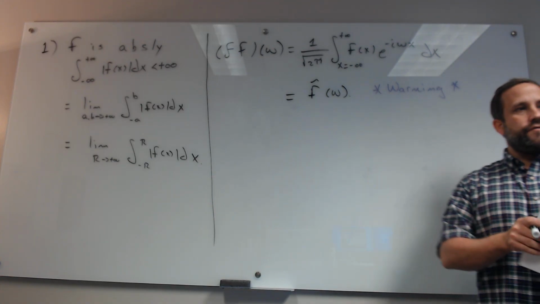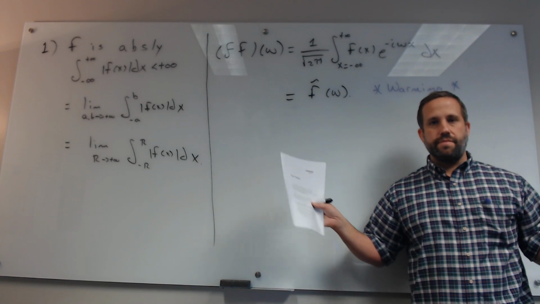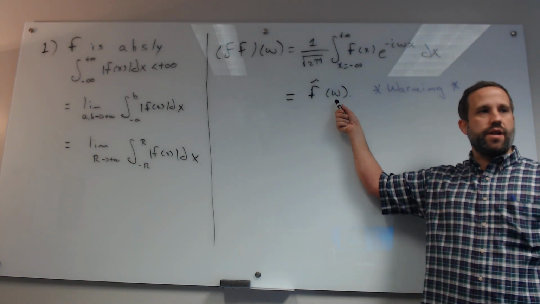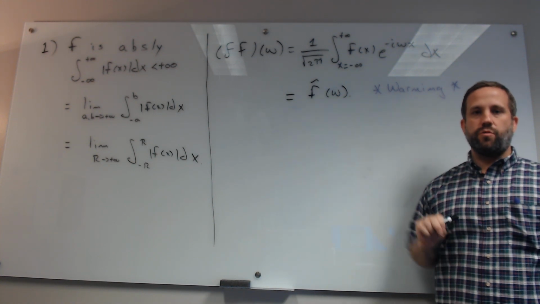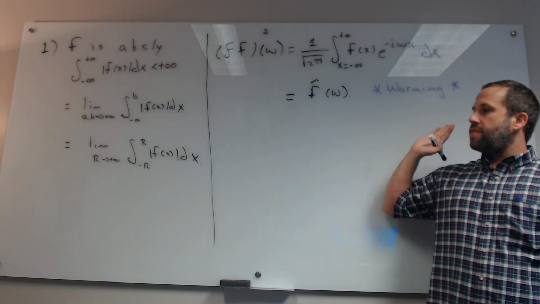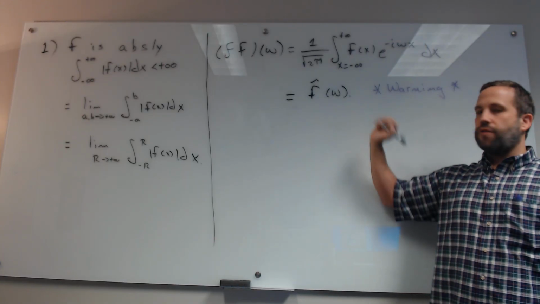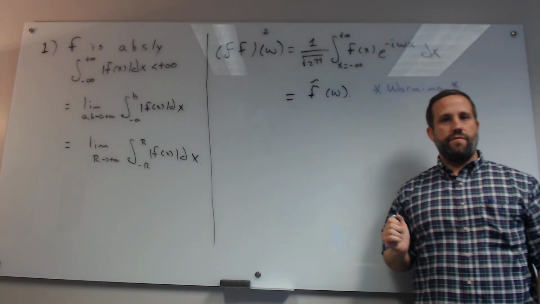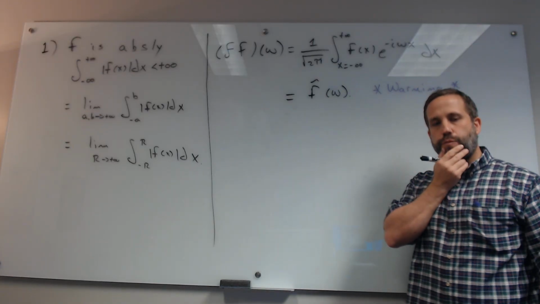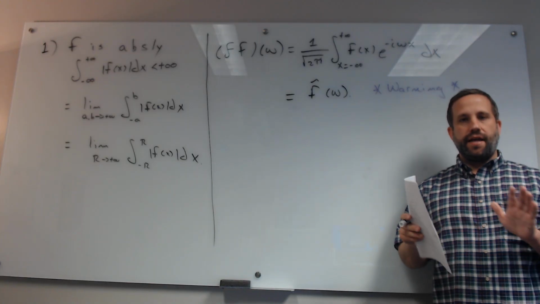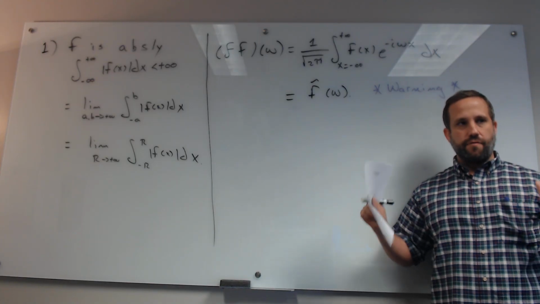So if you have an infinite number of instruments playing, and one instrument is playing a note with frequency omega, the amplitude, the loudness of that musician playing the note at frequency omega, is going to be the Fourier transform of that. Okay, so it's a way to break a function into its constituent pieces by their frequencies.